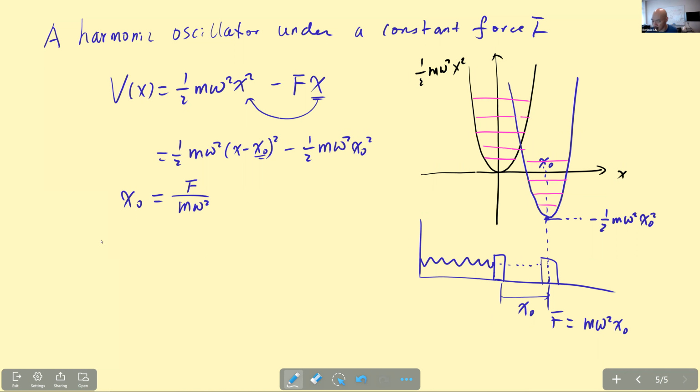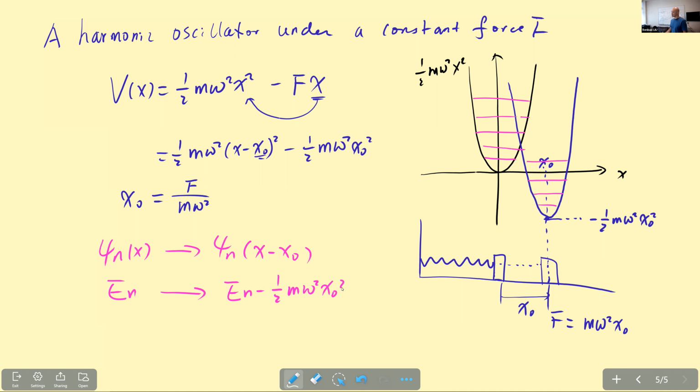So that means psi_n(x) will just change to psi_n(x minus x0), and the original eigenenergy E_n of the system will just change to E_n minus 1 over 2 m omega squared x0 squared.